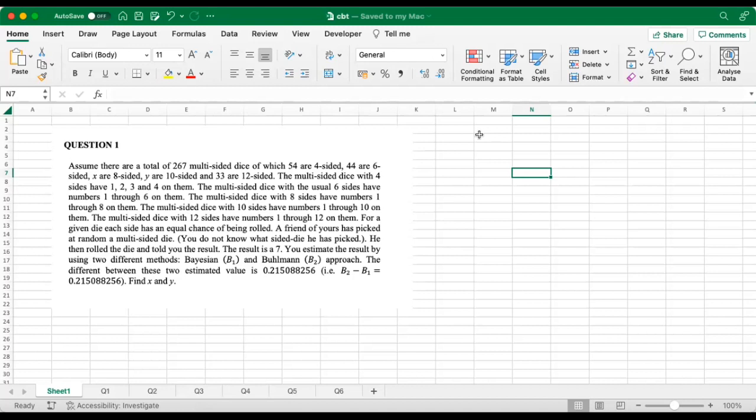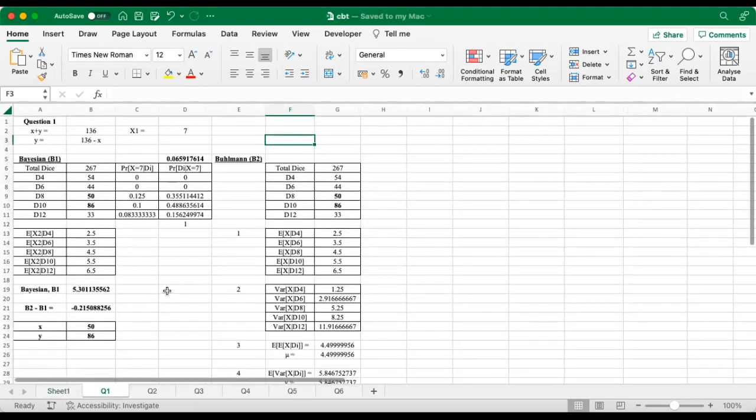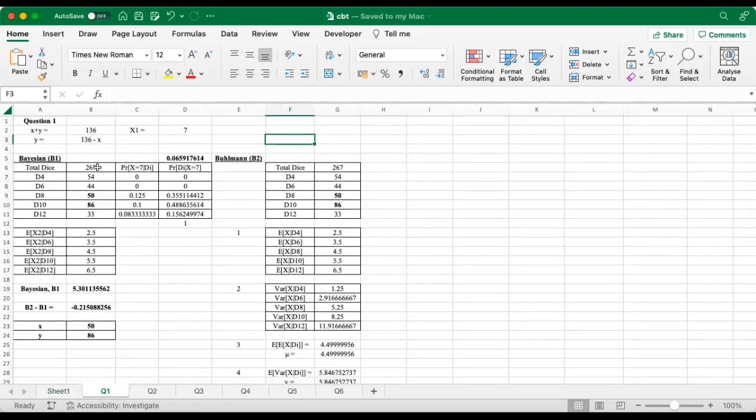I'll start with the Bayesian method for question 1, where the total number of dice is linked over here with the 5 types of dice included in the question. For dice with 8 sides and 10 sides, it's initially unknown before we use the solver to calculate the value.